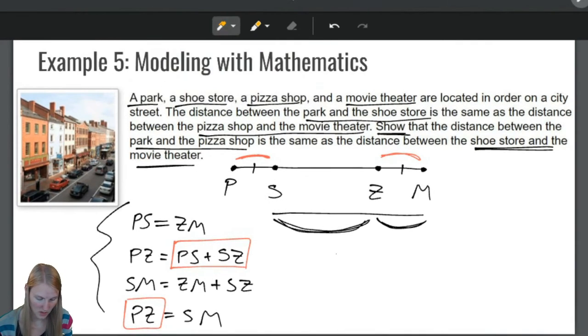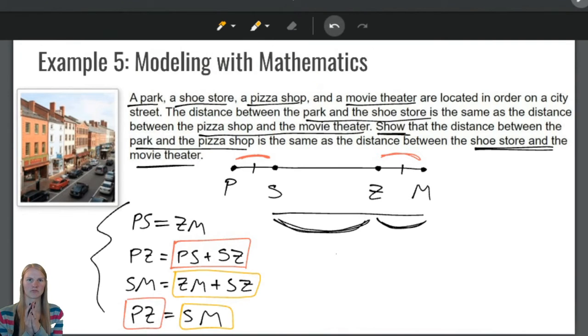And now, we know that SM is equal to ZM plus SZ. So the yellow boxes are equal because of the segment addition postulate. So in the end, I want red box equal to yellow box, right? That's what we talked about before.